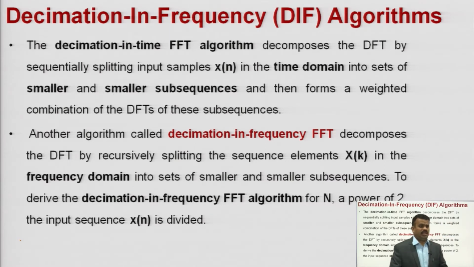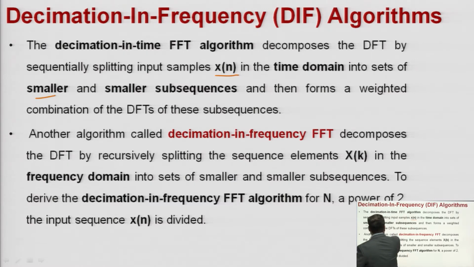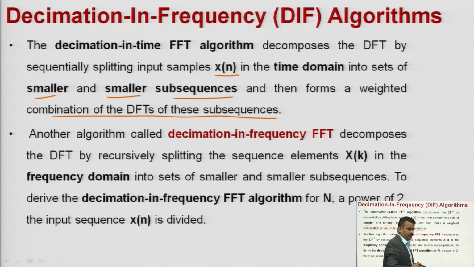The decimation in time FFT algorithm decomposes the DFT by sequentially splitting your input sequence x of n, small x of n, in the time domain into sets of smaller and smaller subsequences, and then forms a weighted combination of the DFT of these subsequences.